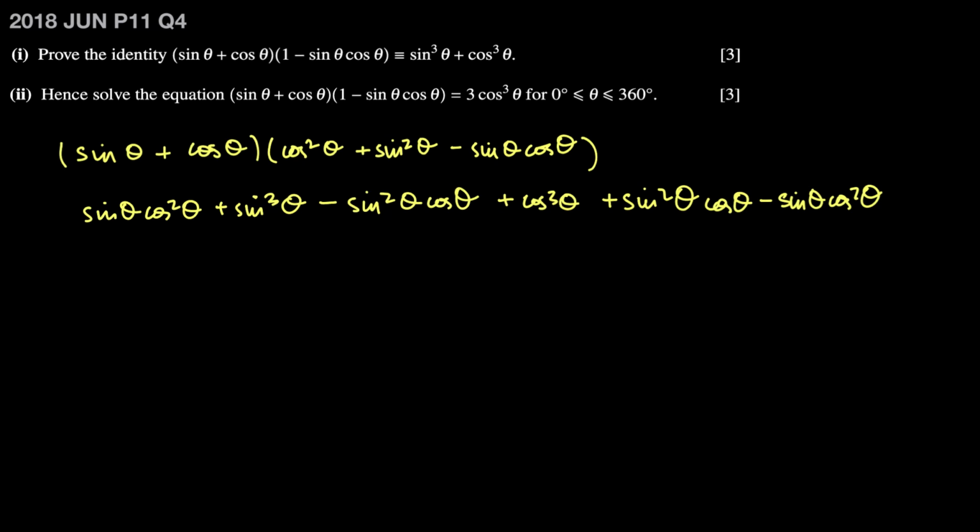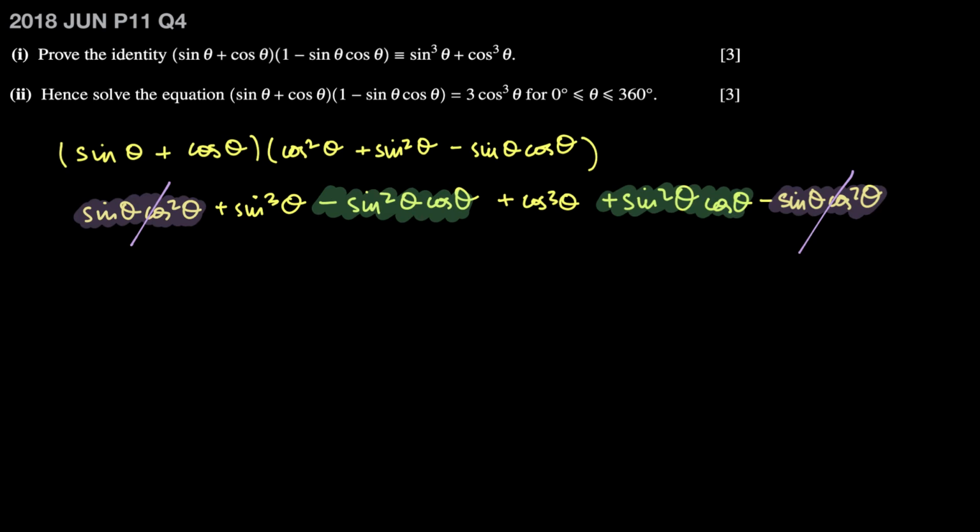Now if you notice here, we have a sine theta cosine squared theta over here, and we have a minus sine theta cosine squared theta over here. So these two should cancel out. Similarly, we have a minus sine squared theta cosine theta over here, and a plus sine squared theta cosine theta over here.